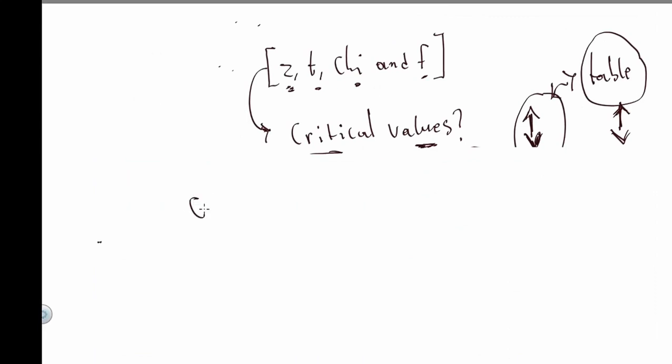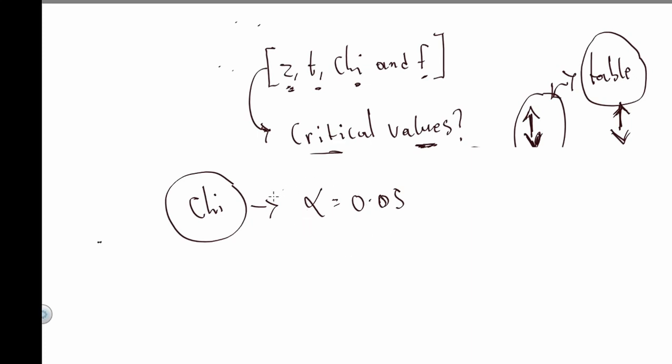Let's try the chi now. Let's assume you are asked to find an alpha value of 0.05. This time you don't have to worry about the tail tests for chi and F. You don't have to worry about tail tests, so we don't have tail test here.